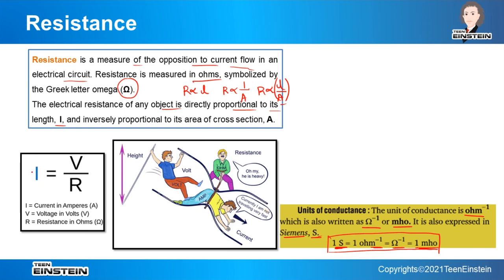So from this picture we can understand what is the relationship between current I, voltage V and resistance R. So resistance is expressed in ohm, volt we already know that it is expressed in V, and current, this is a new term we are seeing here where the unit is ampere, in short A. Now resistance R, current I and volt V, these three are related to each other by this equation, and you can also write it as R equals V by I, or you can write it as V equals IR.